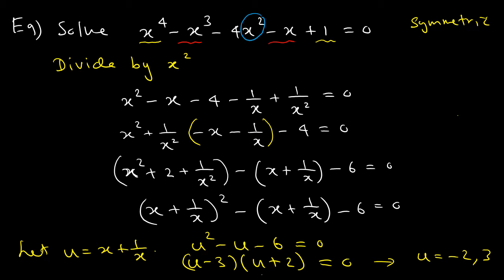So the first one is x plus 1 over x equal to negative 2. Then again, as before, we can multiply by x, so we can rewrite this one as x squared plus 2x plus 1 equals 0.